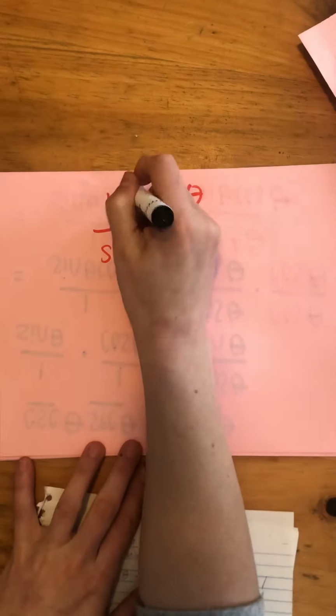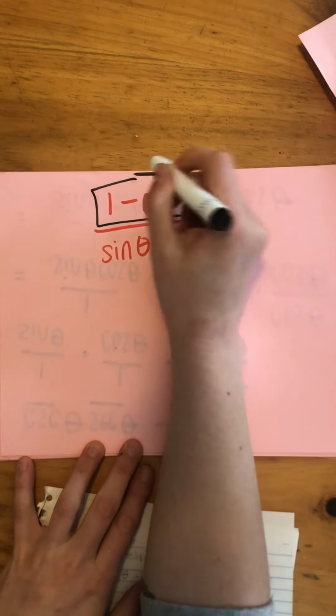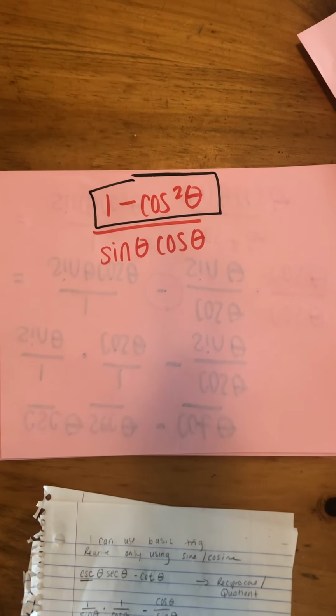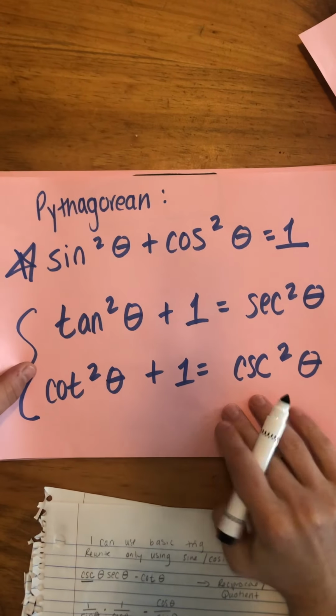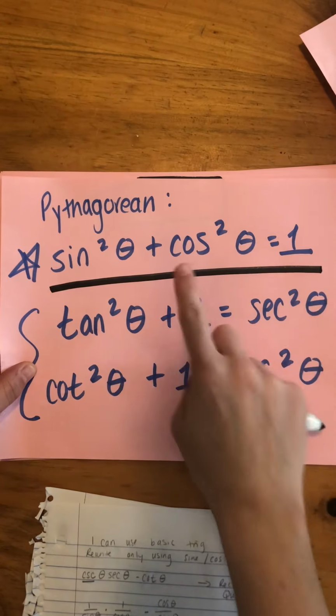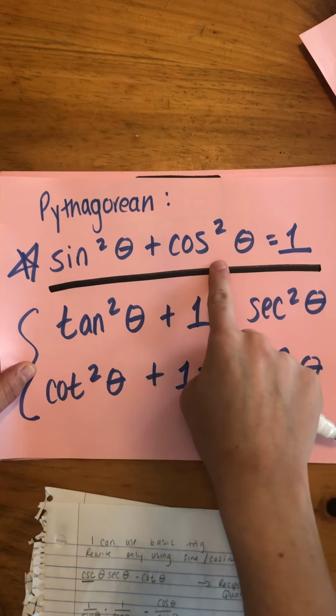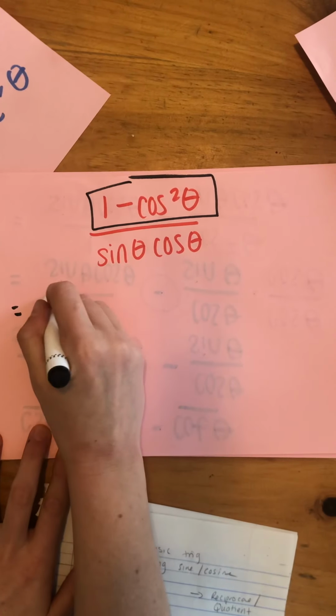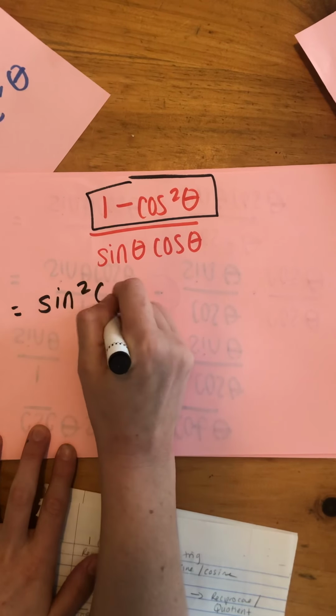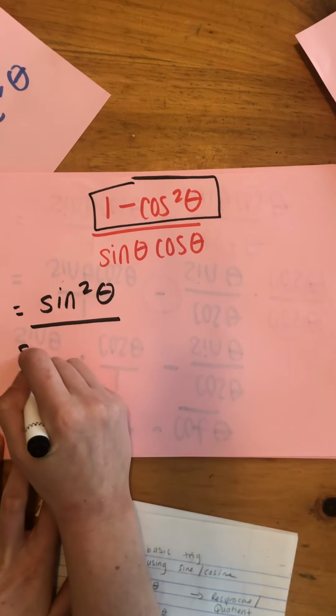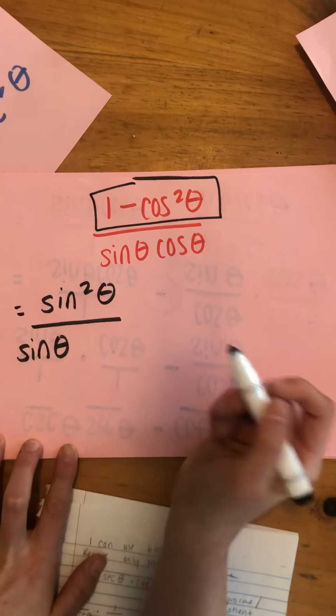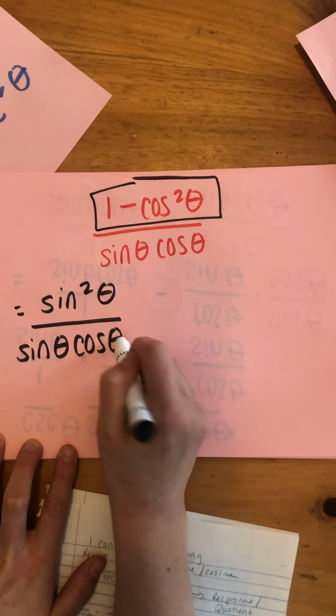Well, this is our Pythagorean identity. 1 minus cosine squared is sine squared. So we can rewrite this as sine squared theta over sine theta cosine theta.